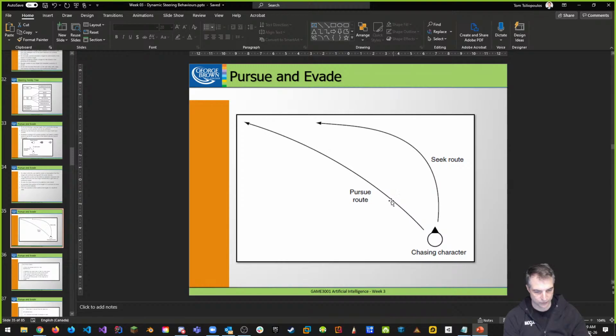And here is the pursue route, where they're going to do a sharp turn first. Instead of going with their thrust, they're going to make a turn first, and then go towards where the target is going to be, right? Which is obviously a better way of cutting the target off at the pass, as opposed to following up behind them. That's the pursue example.